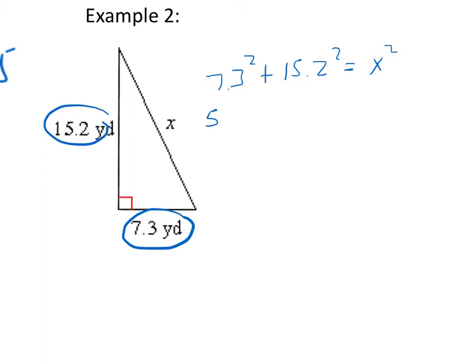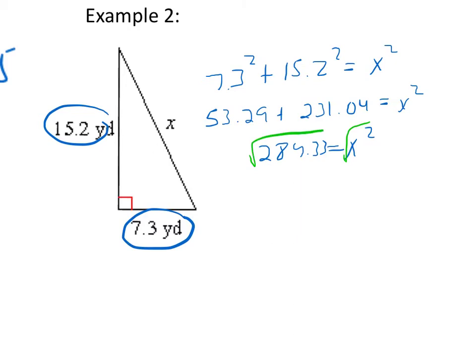So we have 53.29 plus 231.04 equals x squared. You put those together and x squared equals 284.33. You root both sides and we get x equal to 16.9.